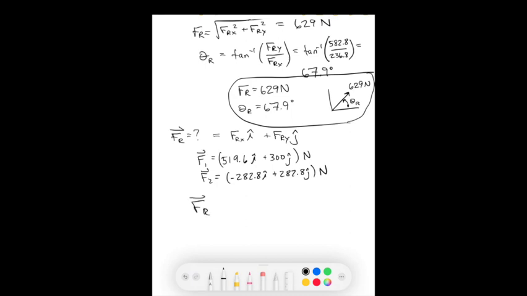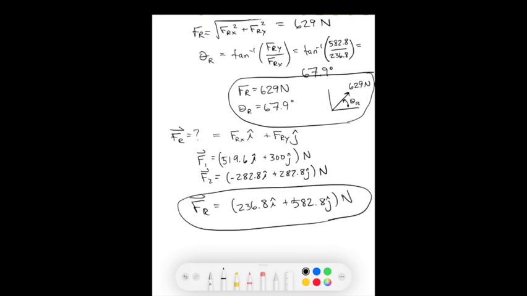And so we can add those together and we end up with an answer of 236.8 in the positive x direction plus 582.8 in the positive y direction. And so both of these answers are the same. This answer here and this answer here are equivalent but expressed in different ways. This one we use the magnitude and the angle, whereas this time we use our Cartesian unit vectors.